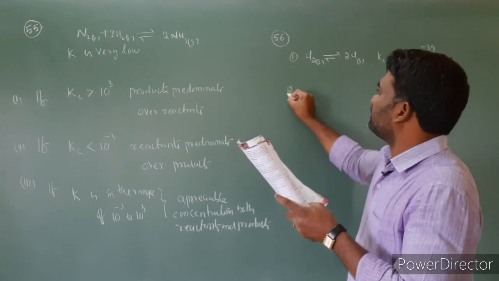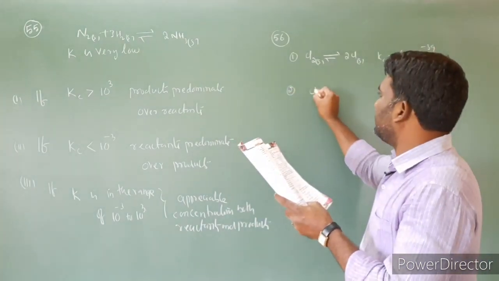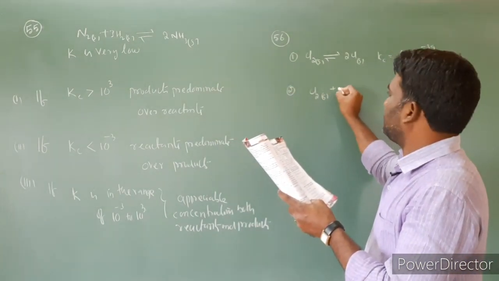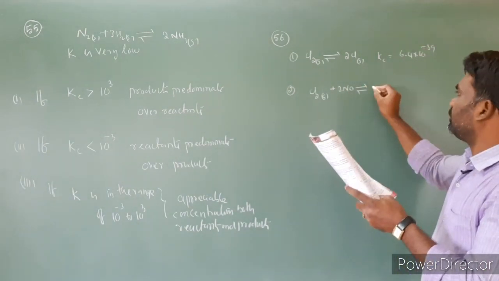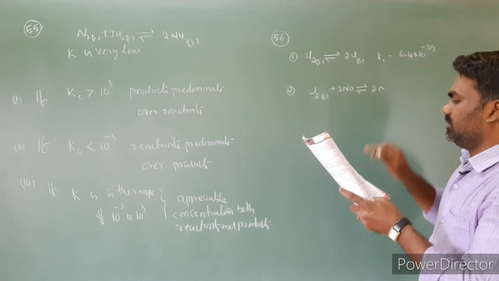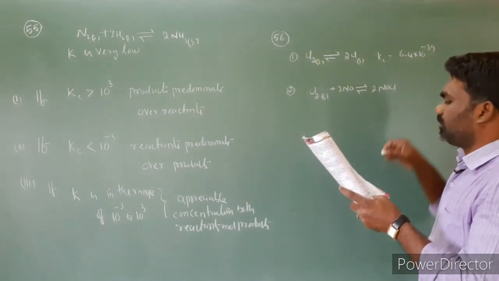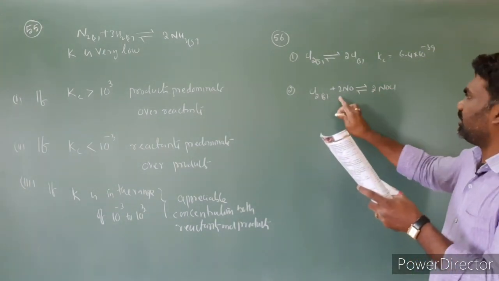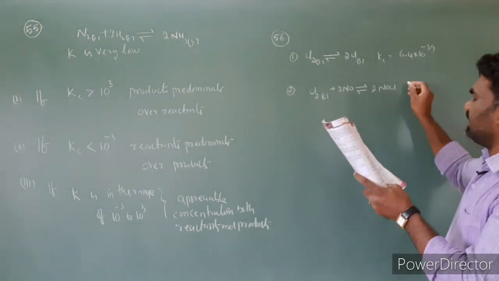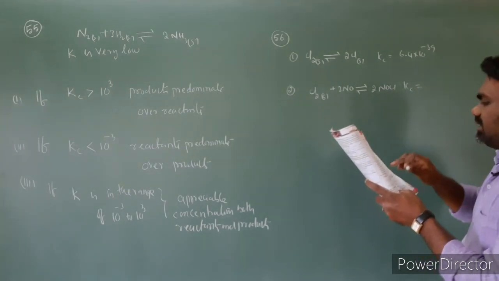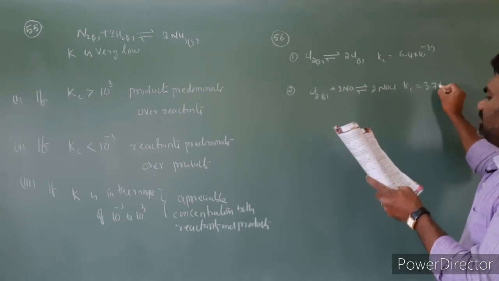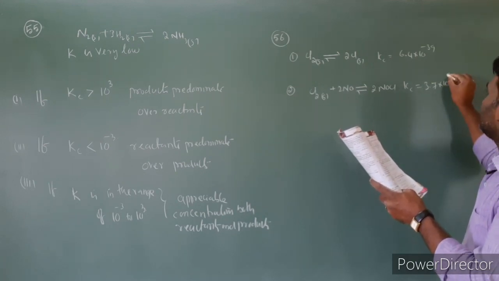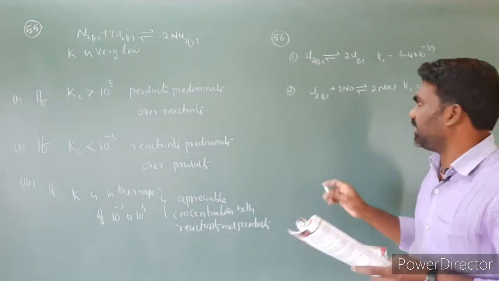Next, second option: Cl2 gas plus 2NO gives rise to 2NOCl. Kc for this reaction is 3.7 into 10 power 8.